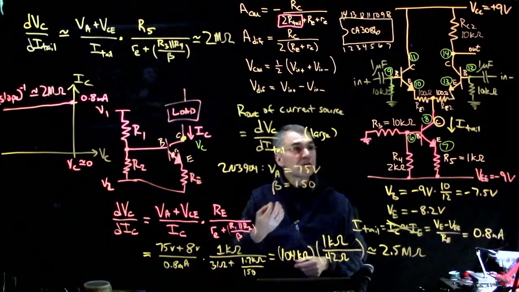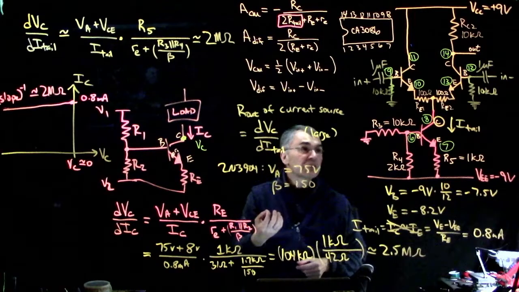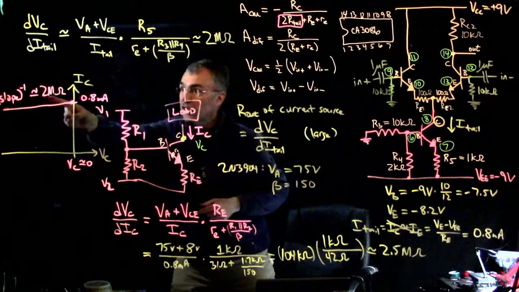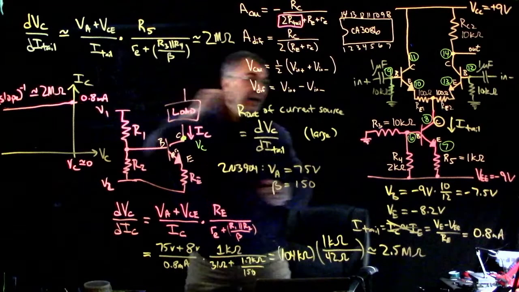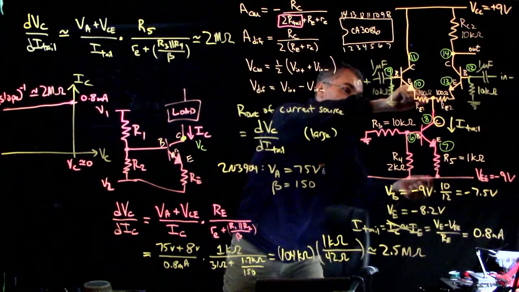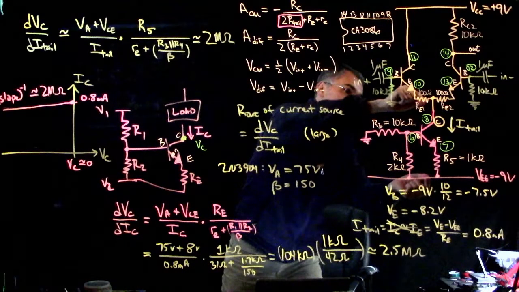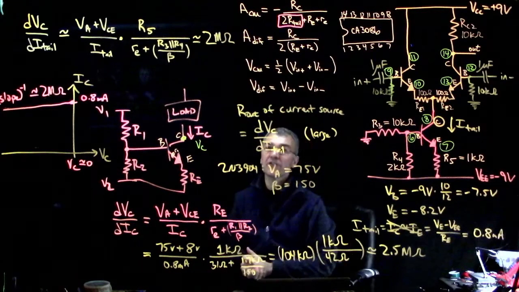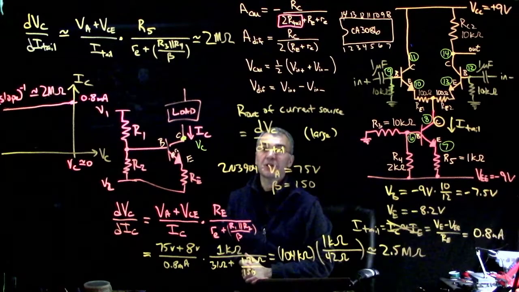But with the current source, you can have that tiny slope, and yet still have this voltage difference be a convenient 9 volts. That's the beauty of using a current source there.